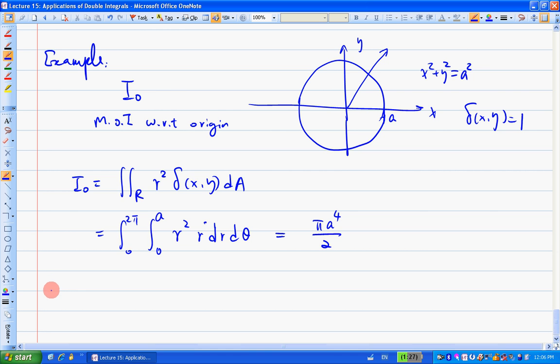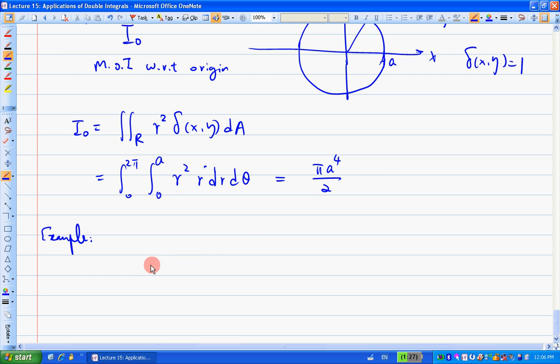Okay, one more example. Same disk, radius is A, but this time what we want is to calculate the moment of inertia about an axis going through any point on the edge of this disk, perpendicular to the disk.